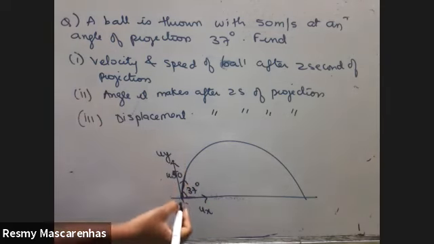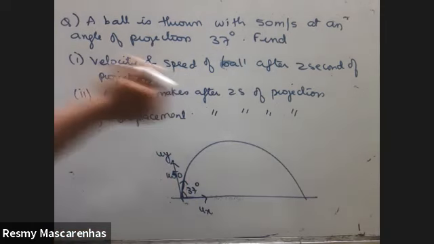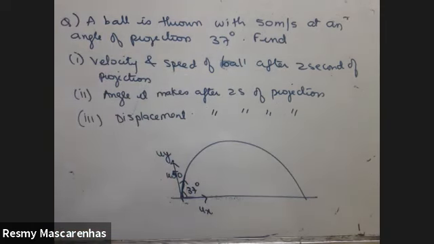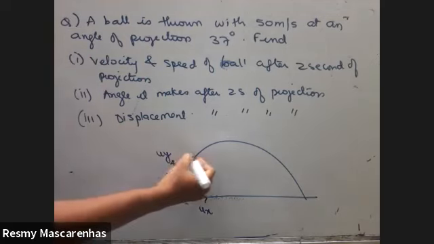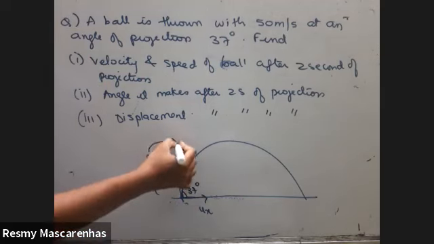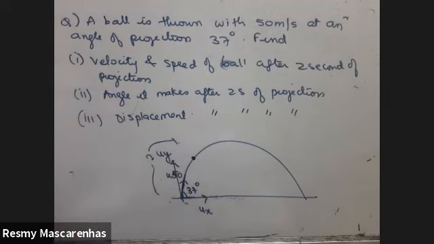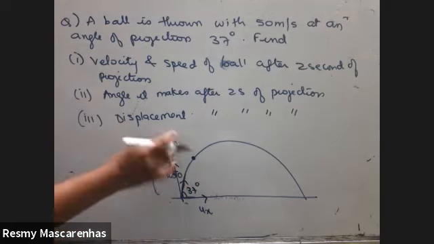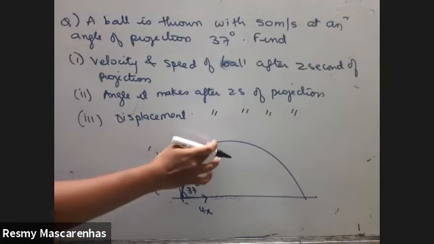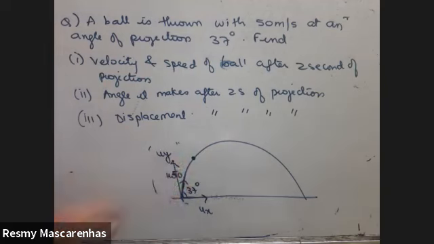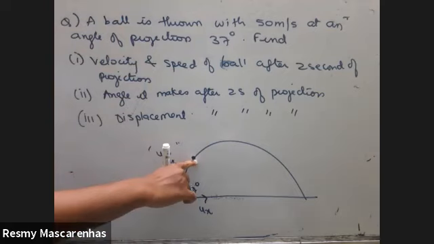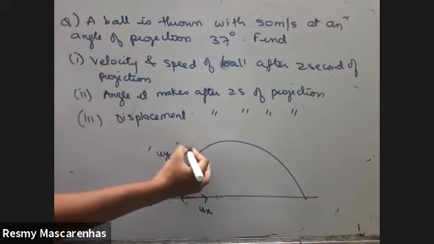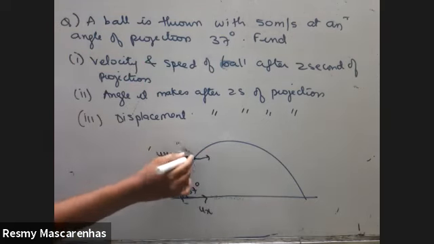Now the velocity after 2 seconds has been asked. So consider it had reached here after 2 seconds. We don't know exactly where it is, so we'll consider any random point, just from the diagram point of view. So this will be the velocity after 2 seconds, and it will also have components.